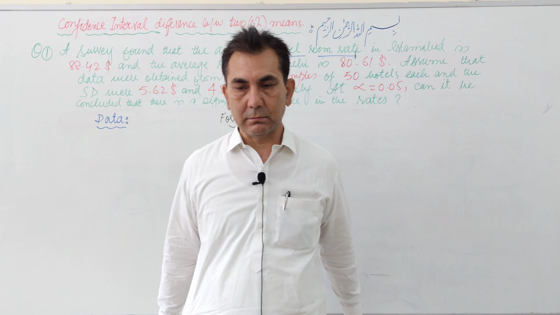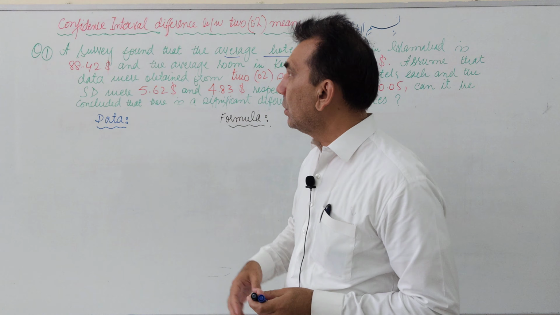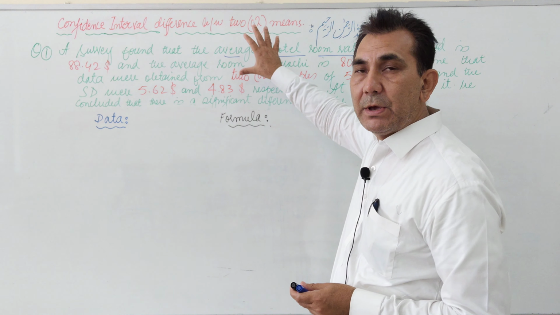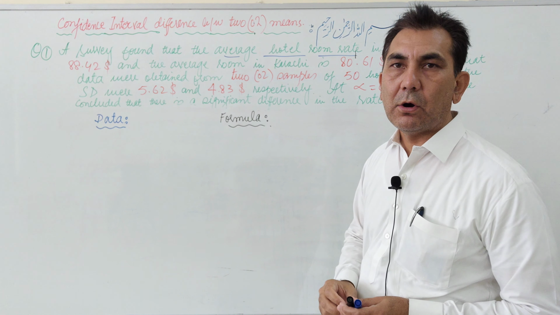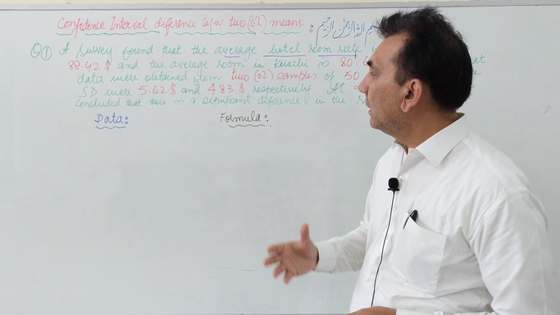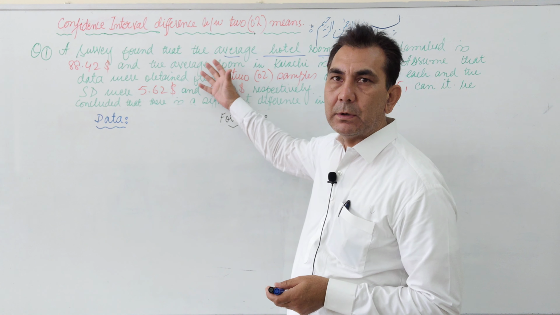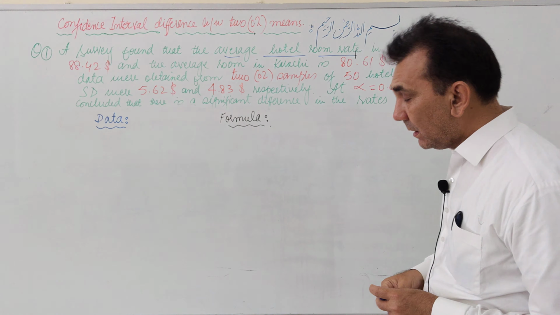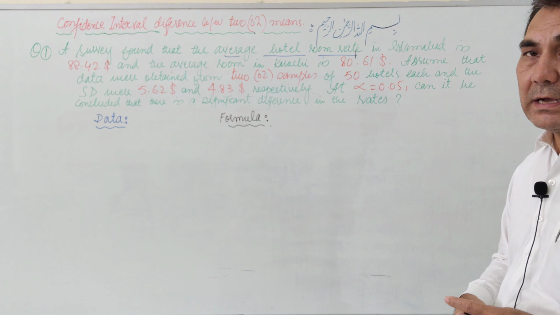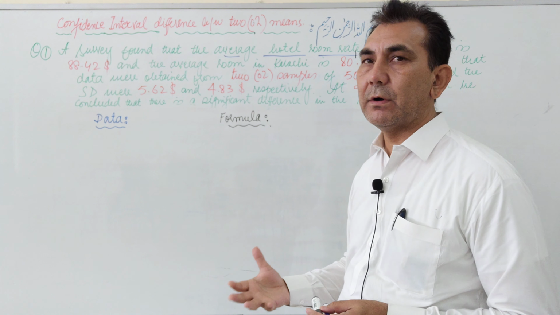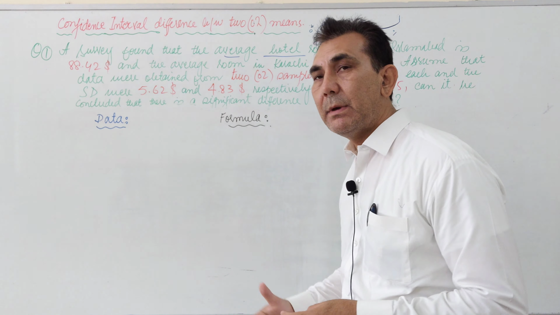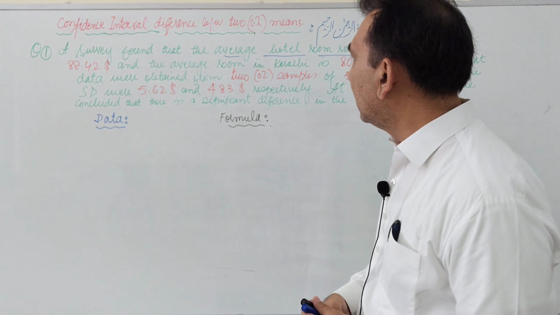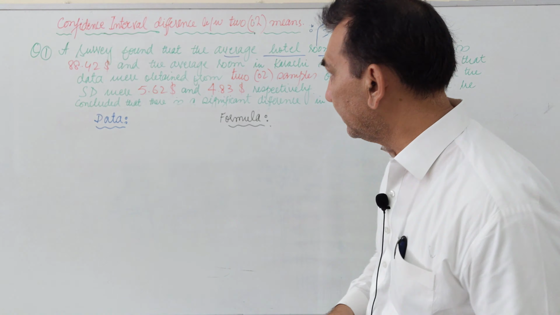So, to measure the confidence interval of the two population means, we will take the example from yesterday. Let me read the example or question in front of you all, then we will measure the confidence interval of the given example.